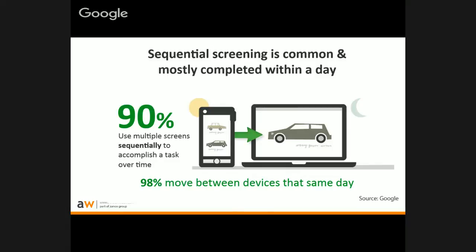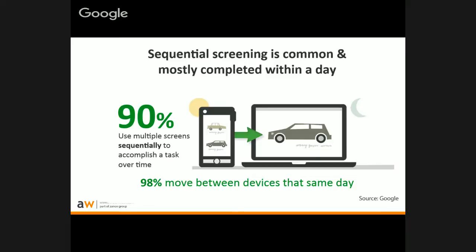For our cross-device tracking debate, it's actually sequential screening that we really want to focus on, because it's this sequential use of multiple devices that any cross-device tracking technology is aiming to record.